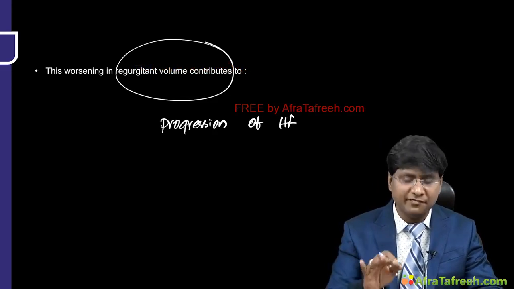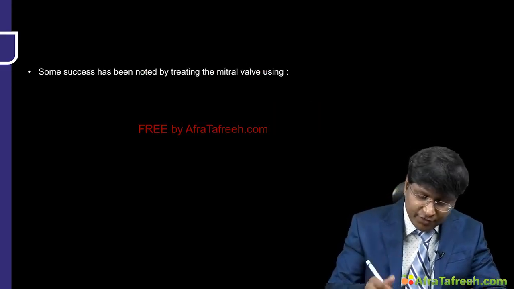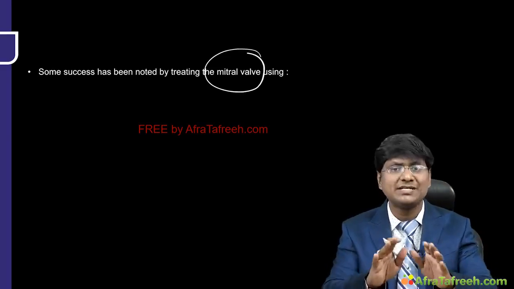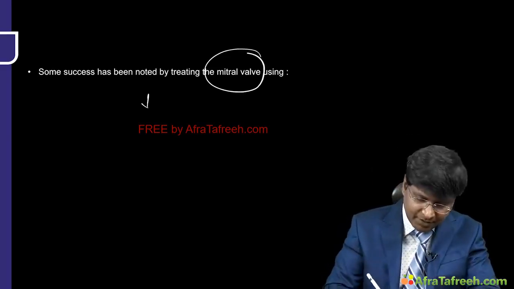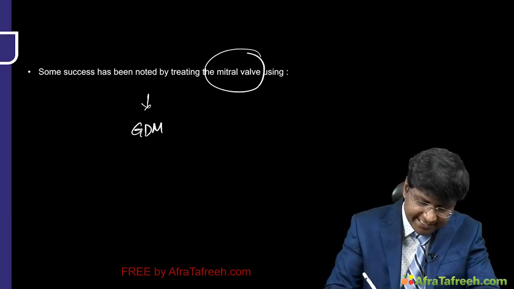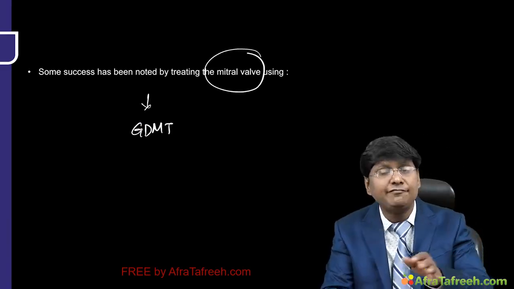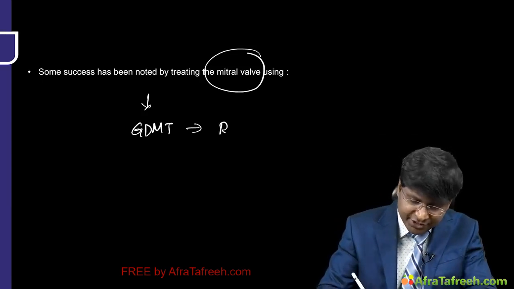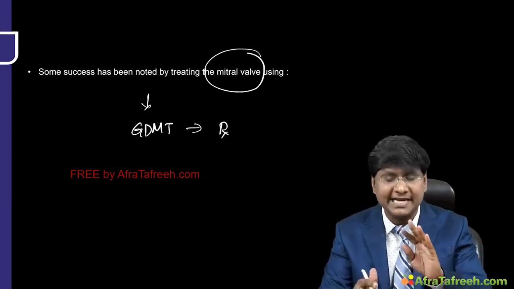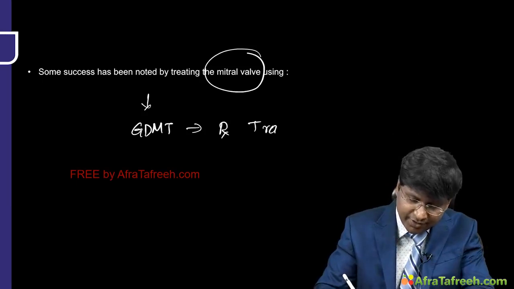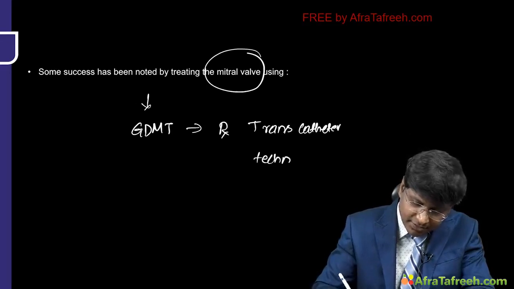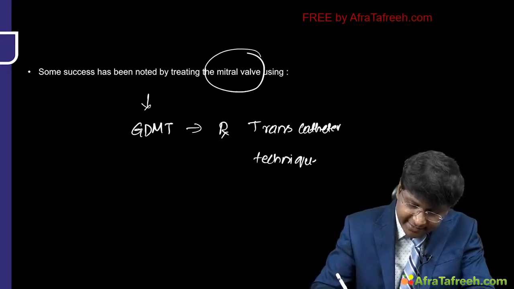And what has been found is, if you treat this particular mitral valve, when the individual is in a state of heart failure, you give him guideline directed medical therapy. After giving this guideline directed medical therapy, you treat the patient by transcatheter techniques.